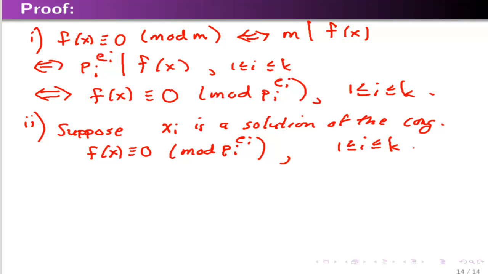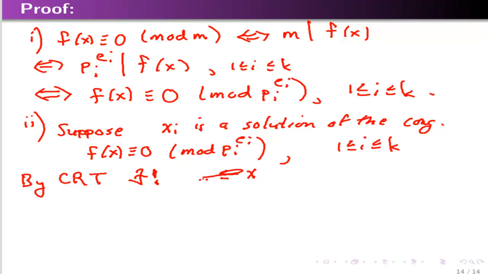All right, so you suppose that for each prime power, you've come up with an integer solution. So x1 mod p1 to the e1, x2 mod p2 to the e2, and so on. Well, by the Chinese remainder theorem, there exists a unique x that is congruent to xi.